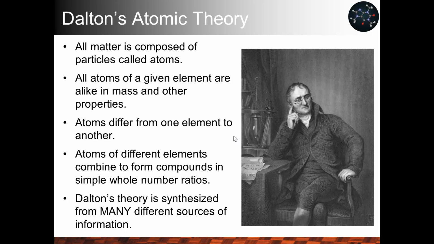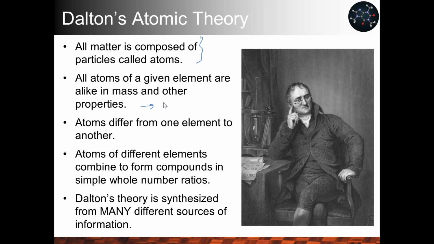And so Dalton's atomic theory is that all matter, all stuff that takes up space, is made up of little particles that we're going to call atoms. And another part of his theory is that all atoms of a given element are alike. So all hydrogens are like all other hydrogens, all oxygens are like all other oxygens.